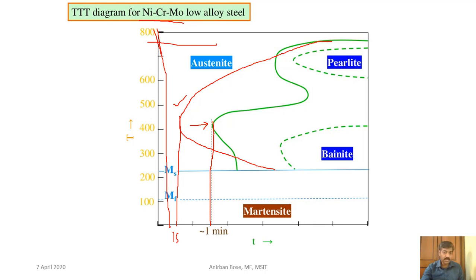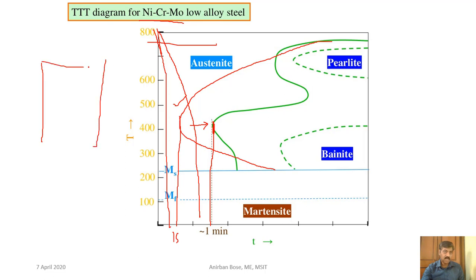Whereas if the bainite nose is here, you can see even if the cooling rate is slow, still you can get martensite. But if the cooling rate is like this, here in case of a plain carbon steel, you can see that pearlitic transformation starts. So some portion will be pearlitic and some portion will be martensite. So these are basically the problems for large castings.